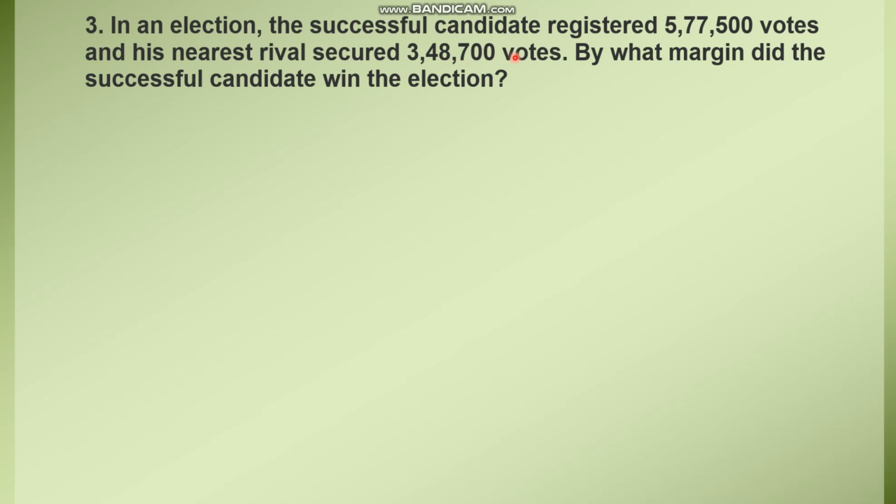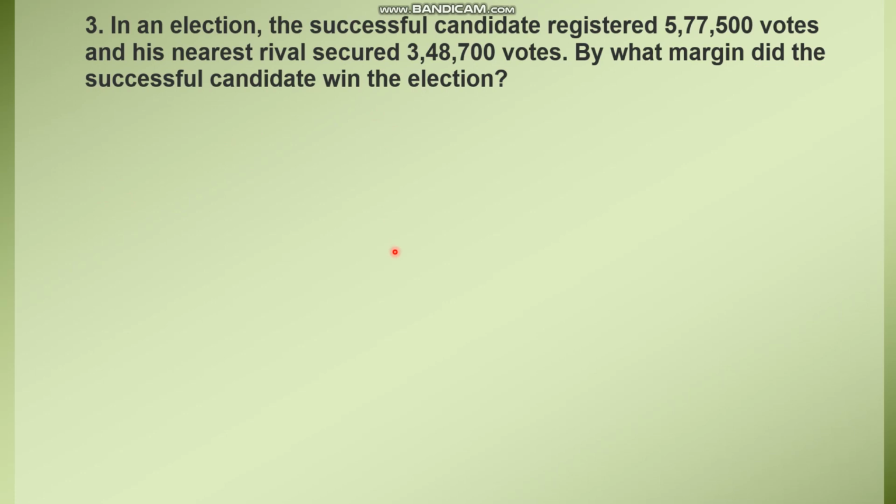So you have to find out how much more votes the successful candidate got than the rival. That is what is asked here by what margin. Margin is how much more he got. That we have to find out.